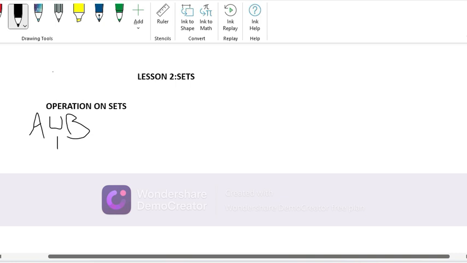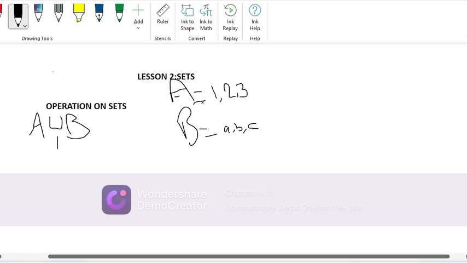Whenever we have two sets, set A and set B, for example, we have set A there, and also we have set B there. What we mean when we say A union B is just the set of all elements which belong to either A or B. Those are the elements that are going to be in A union B. For example, in A we may have the elements 1, 2, 3.